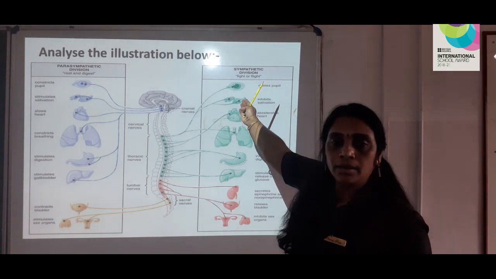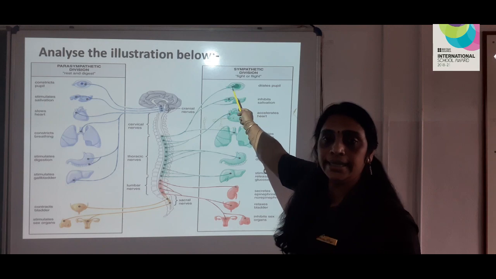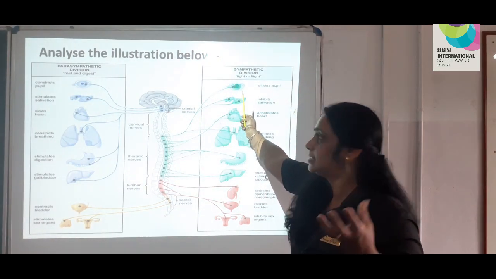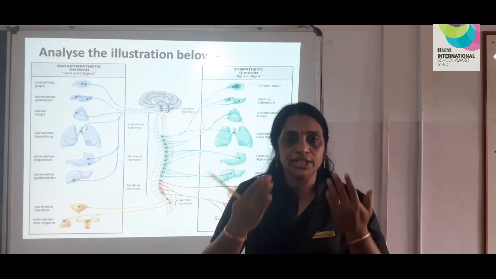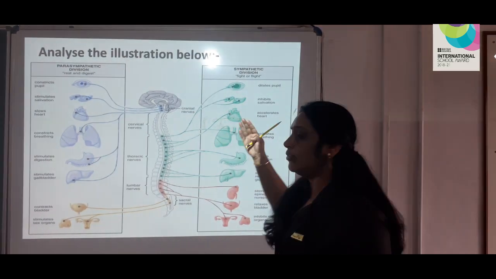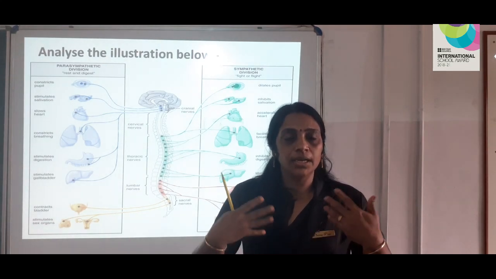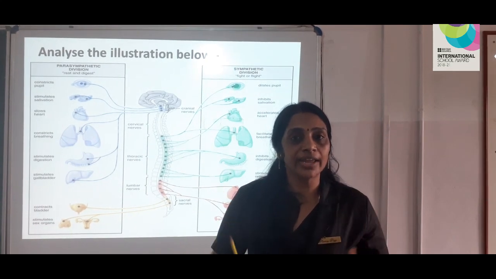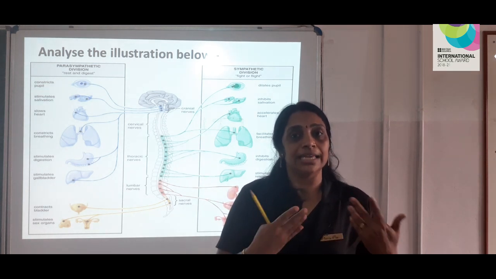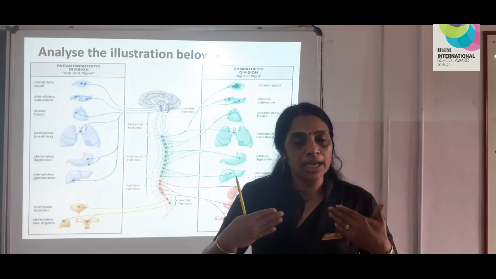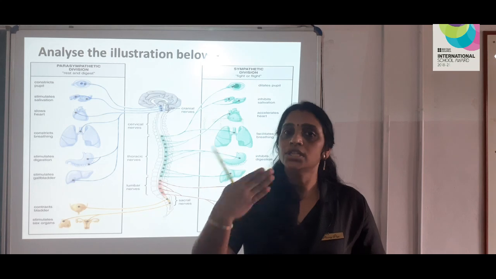Already we know that when an emergency situation takes place, at that time the pupil in the eye dilates, expands. Then in the mouth region, saliva production decreases, and in the chest region, in the case of lungs, the respiratory rate increases. In the case of the heart, the heartbeat rate increases. In the abdomen region, in the liver, we know that glycogen is stored.